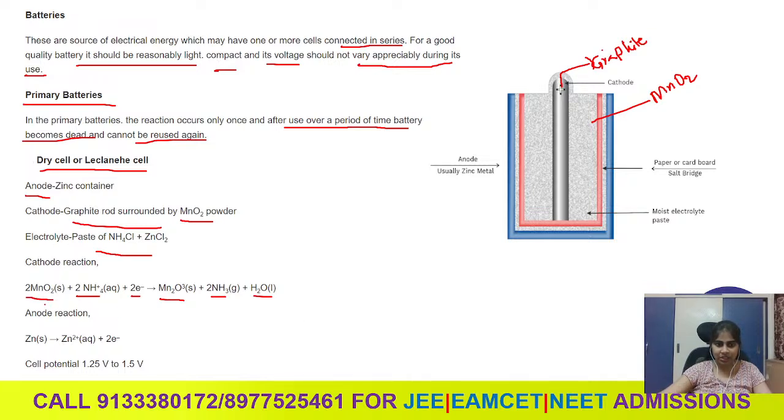This type of reaction you can observe at cathode, and at anode this zinc is converting into Zn plus 2 by releasing its 2 electrons. So this type of reactions happens in dry cell. With this type of reactions, the electrons released will produce electricity, which helps in working of the device.